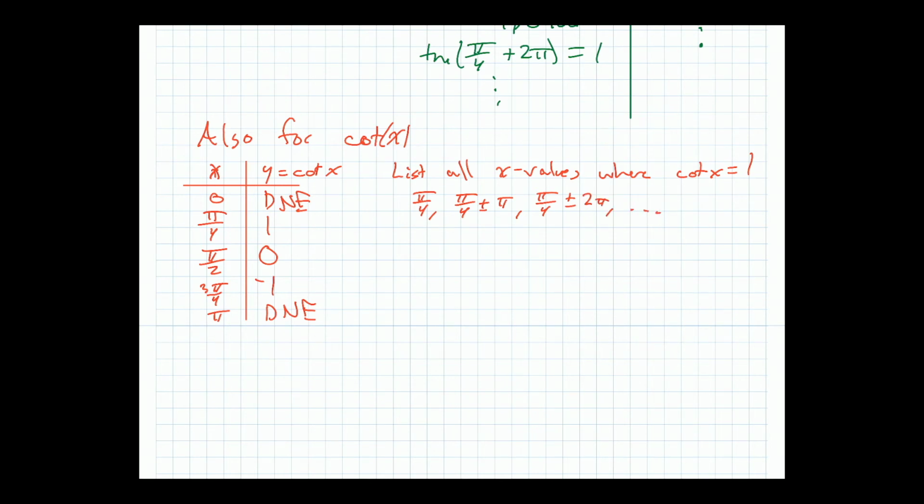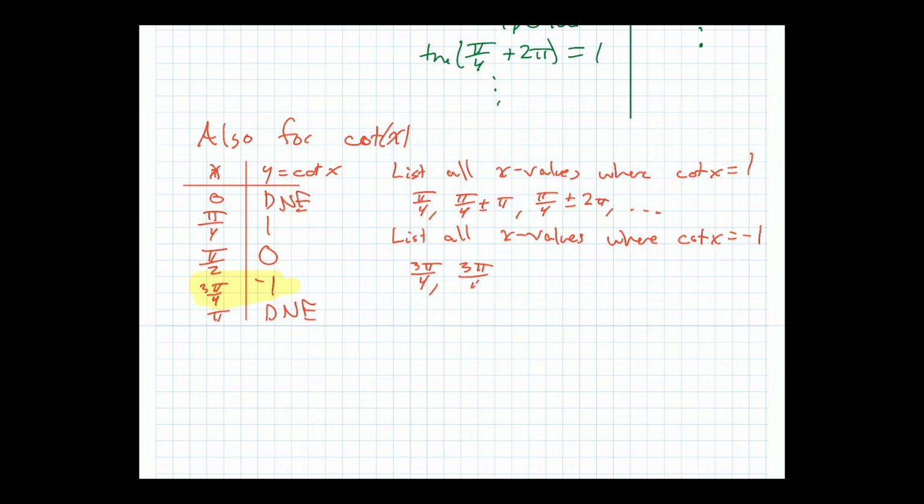Forever. If you wanted to list all x values where cotangent x equals -1, you would start from this one and say, well, that's 3/4 pi, and then add or subtract pi, because that's one period.